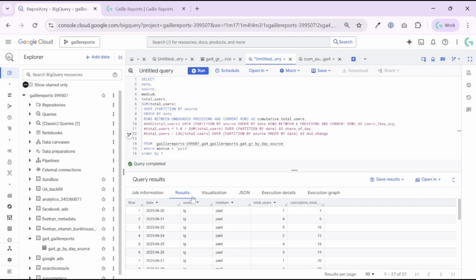In the previous video, I talked about cumulative sum, and we did a summary by day per data source. I summarized total users. I also mentioned that I normally use this formula for revenue, for average purchase per user, per customer.